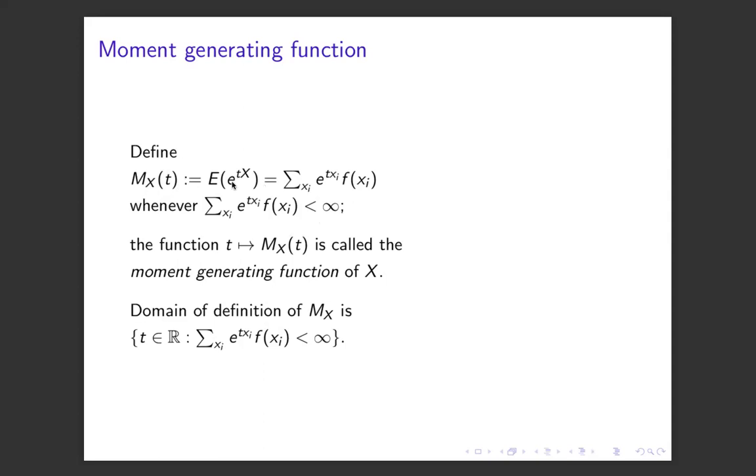So this is defined whenever this object is finite. This whole thing is non-negative for every xi, and this function t going to m x of t is called the moment generating function of x. And the domain of this function is all t in the real line such that this summation is finite.